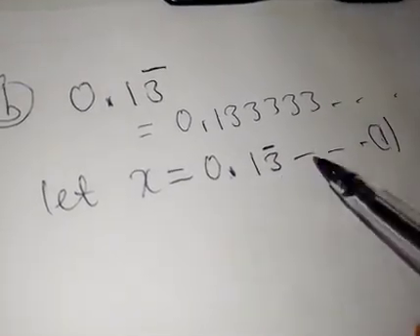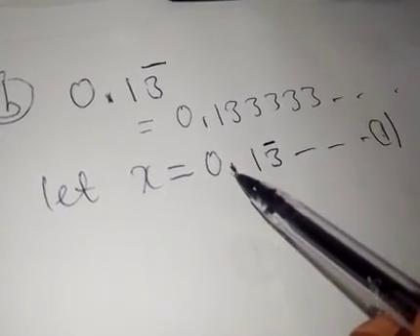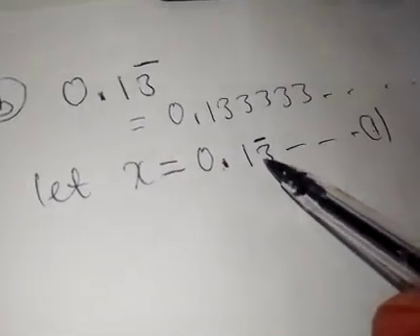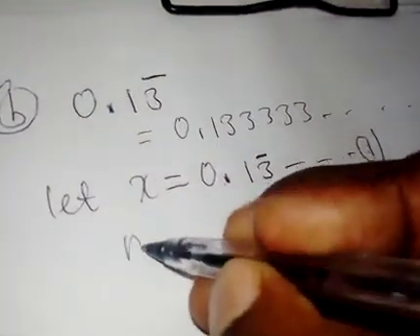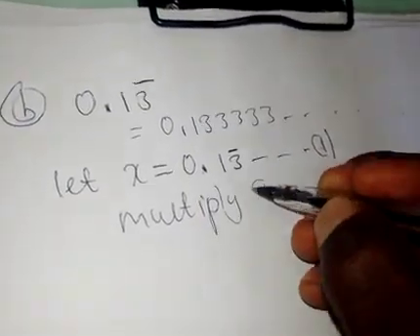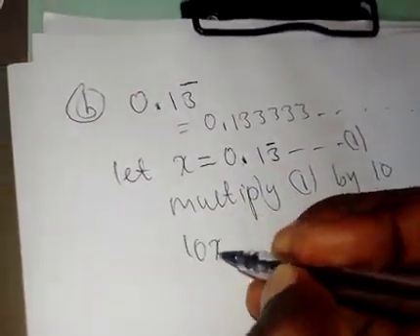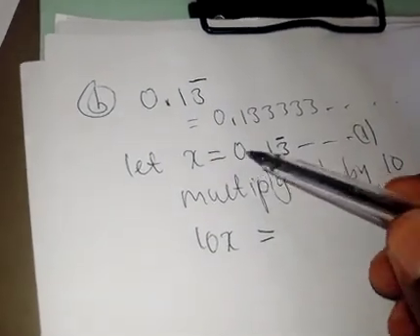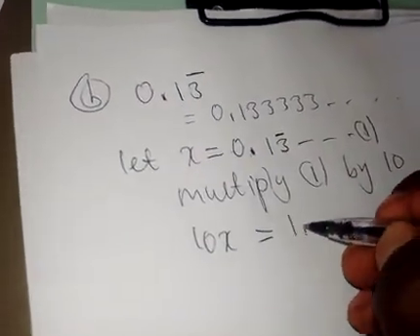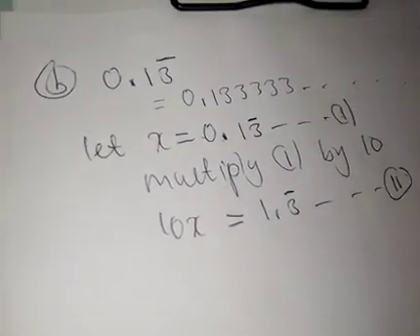You multiply equation 1 by 10 so that the decimal point moves by 1 place to the right. So I have 10x being equal to 1.3 with a bar, meaning it's being repeated.